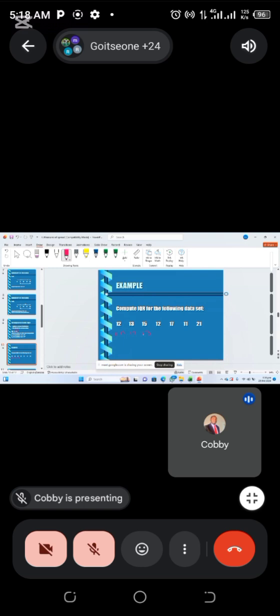Is the color that I'm using visible? Yes. 13, then 15. From 15, go to 17, right? Yes. 17 and 21. Okay, so you first arrange the data in ascending order. Then you assign positions.